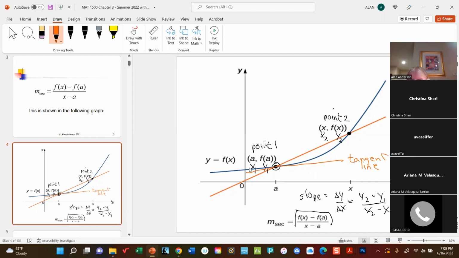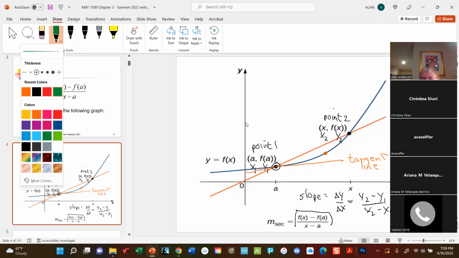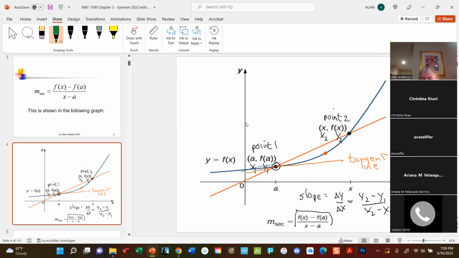And you can see it's not the same as the slope of the secant line. But if we move closer and closer, in other words, if we try another point, let's say here, and we define another secant line through this new point with the original point, well, you can see the slope will be a little closer to the tangent line.